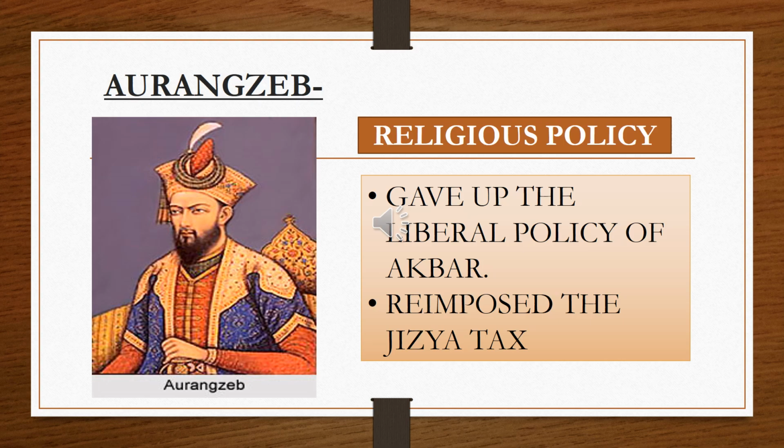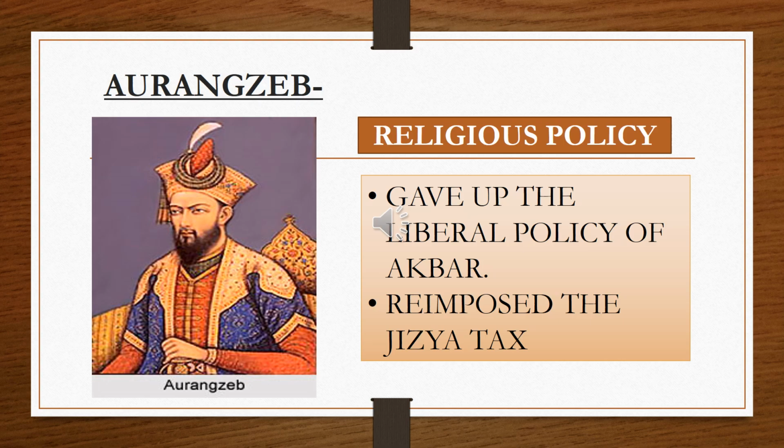He gave up the liberal policy of Akbar. When we started this class, I told you that Akbar was a tolerant king. He respected all the religions. On the other hand, Aurangzeb was quite the opposite of Akbar. He didn't believe in equality and regarded himself as superior to all the communities.